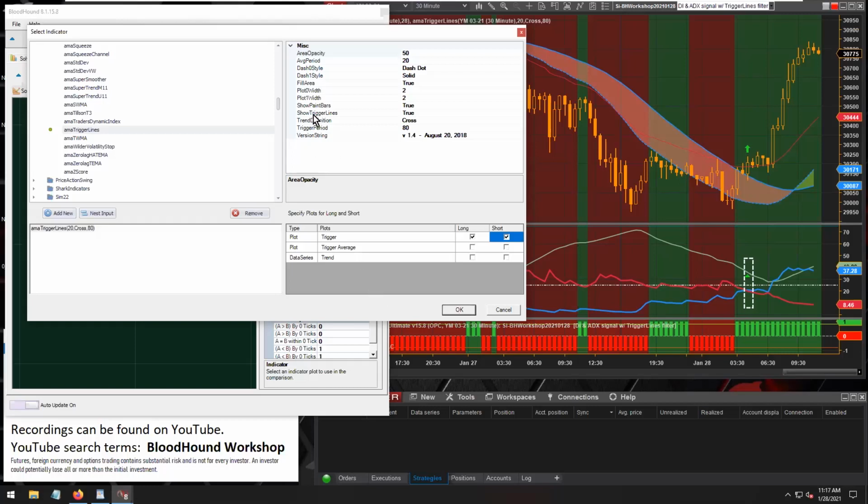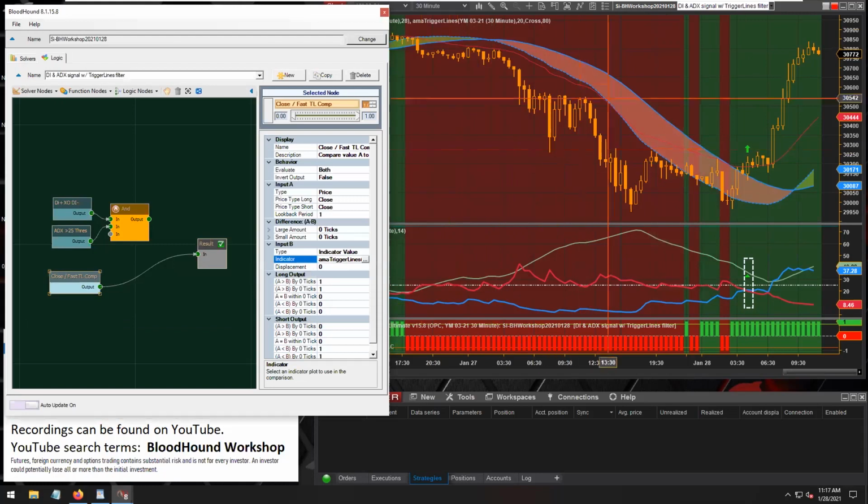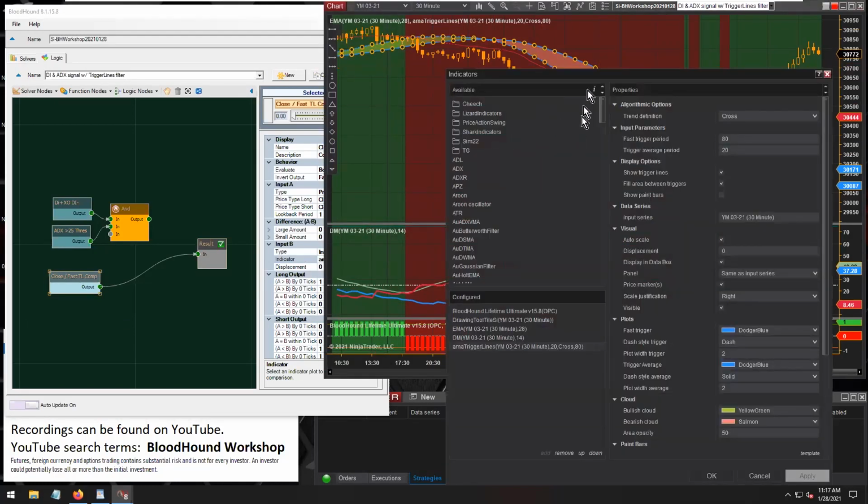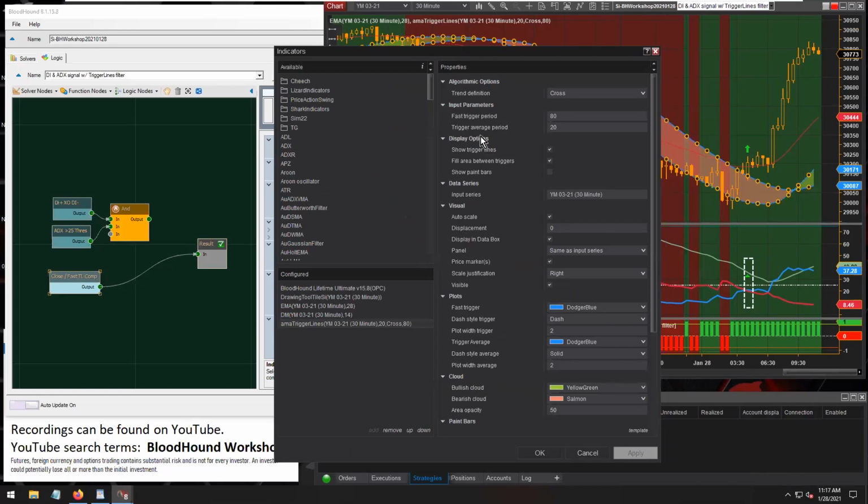And actually, let me just pull up the indicator again. Even in the indicator settings, they call it the fast trigger period and the average.